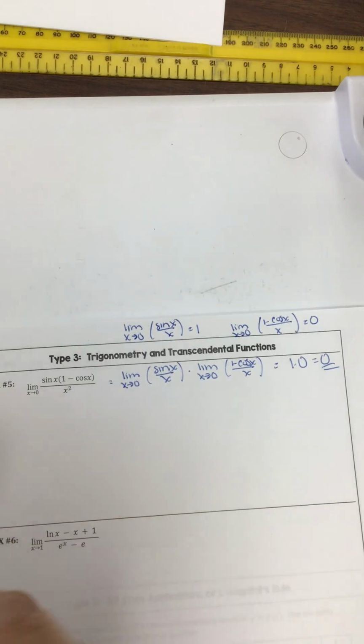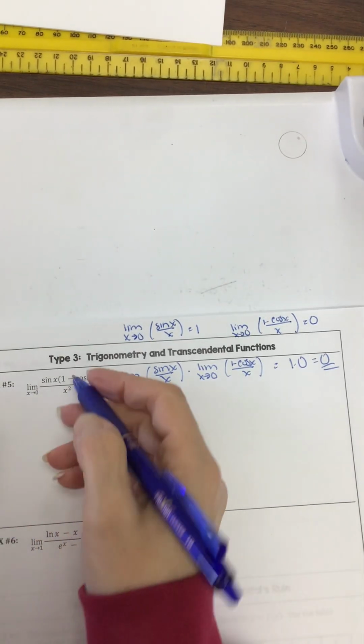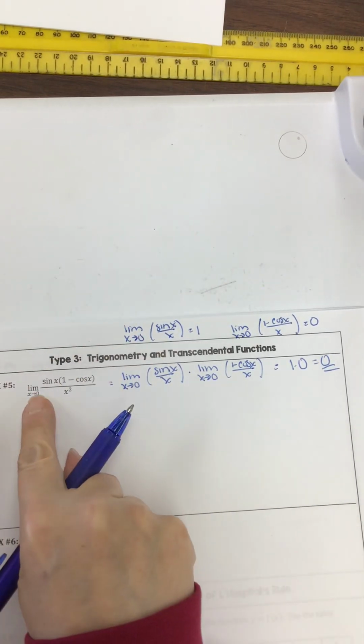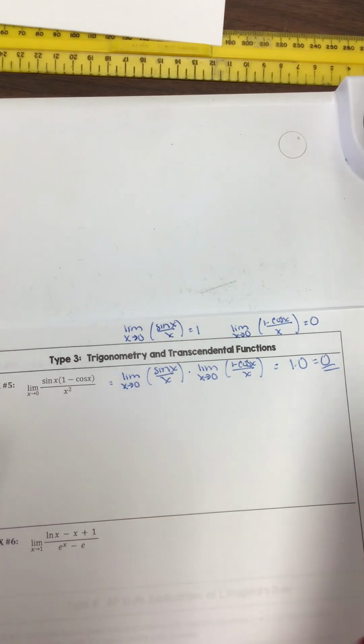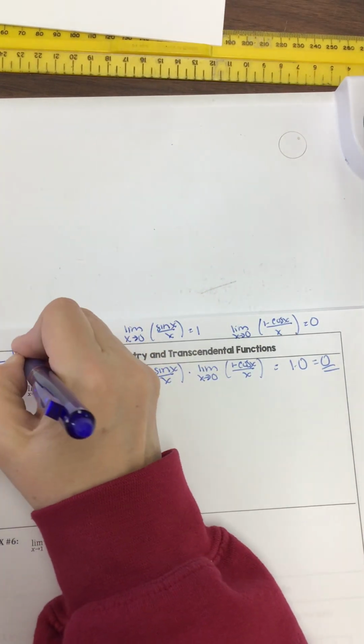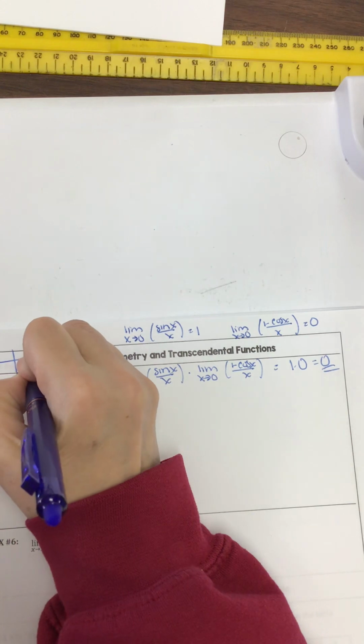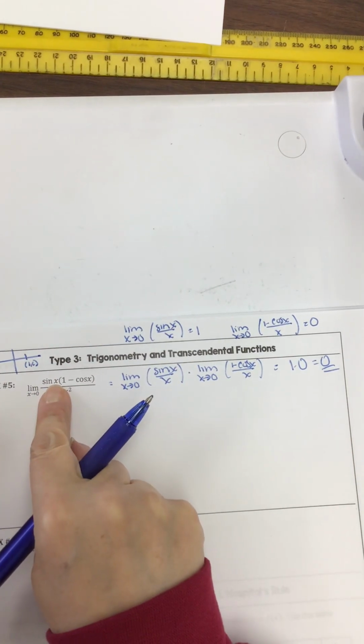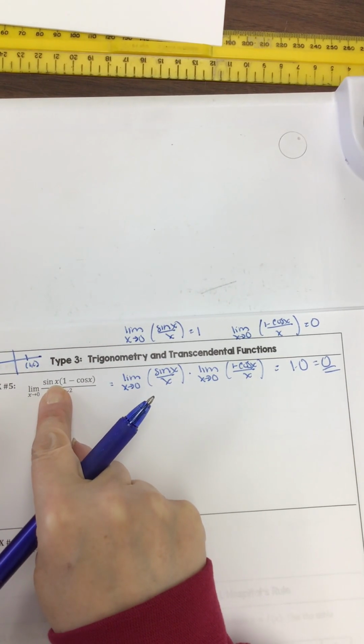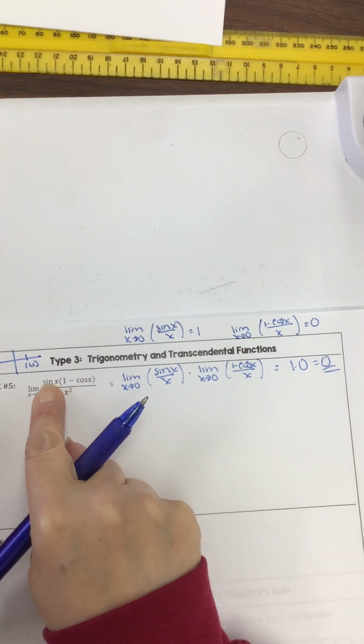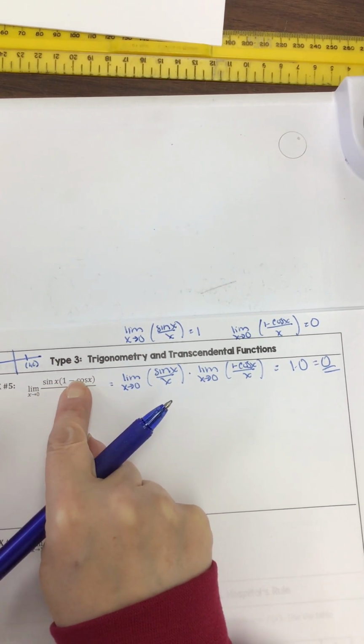So let's look at that. The first thing is that we know that if we plugged in 0, sine of 0 is 0, right? Because sine is your y coordinate, yes? So you'd have 0 times something, so it would equal 0.